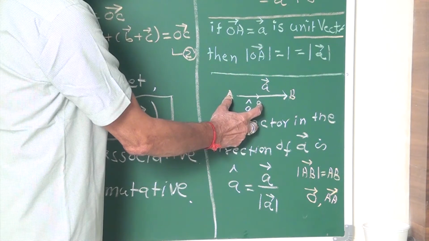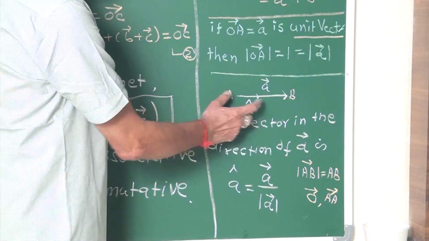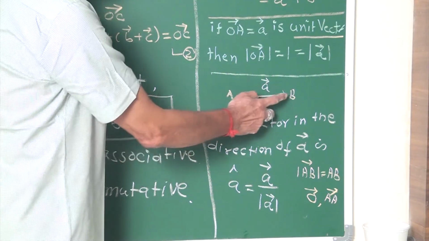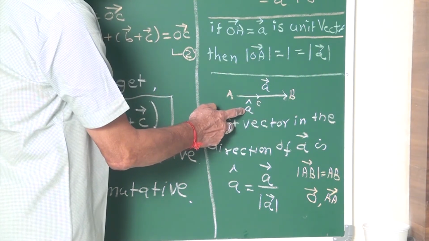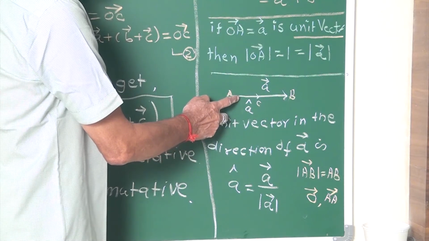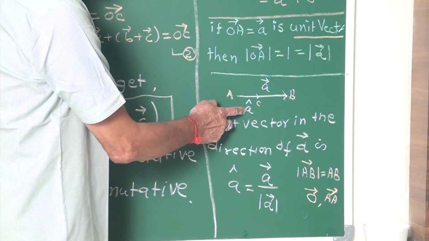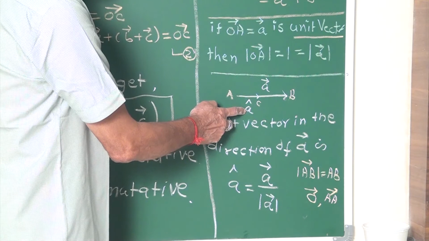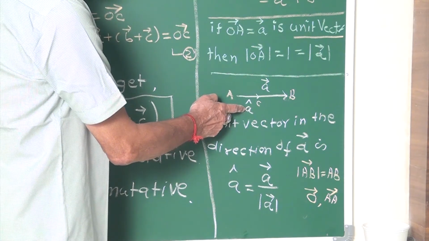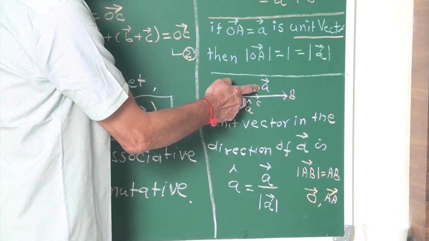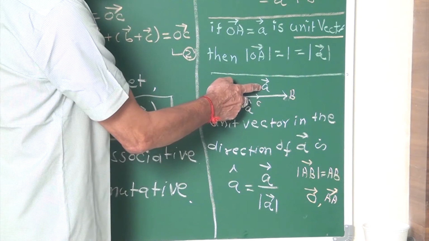Then that vector AC is known as the unit vector in the direction of the vector AB and is denoted by A cap, my friends. Therefore, unit vector A cap means its magnitude is 1. And my friends, remember, what is its direction? It is in the direction of the vector A, depends on this.